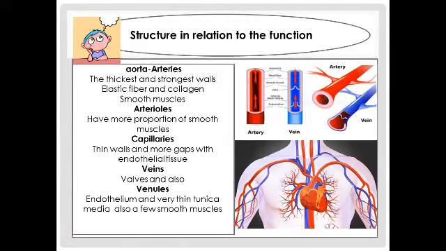The first one is arteries. The artery has the thickest and strongest walls because they have more structure from elastic fibers and collagen, and have more smooth muscles. Each one has functions in relation with the structures. First, the thickest and strongest walls have more elastic fibers and collagen that have one function.